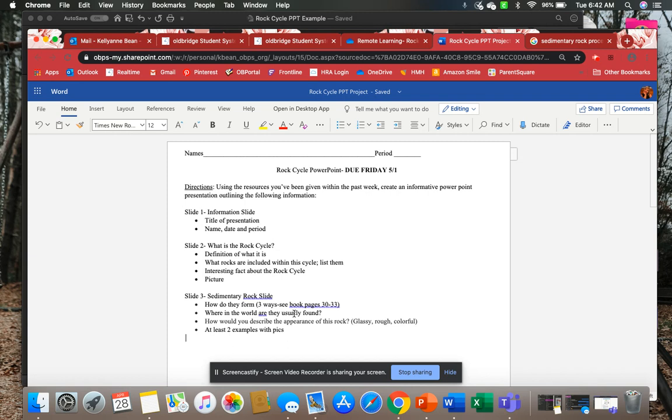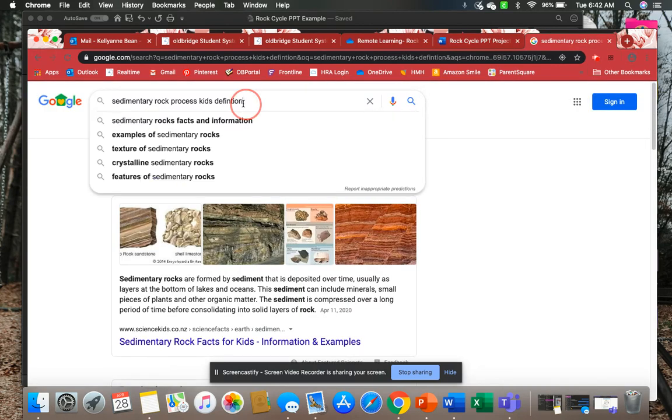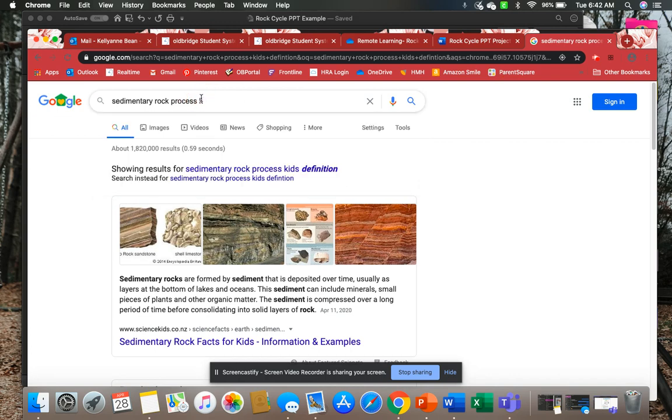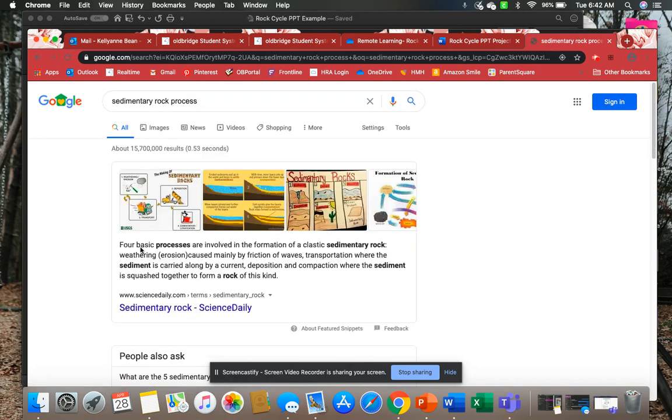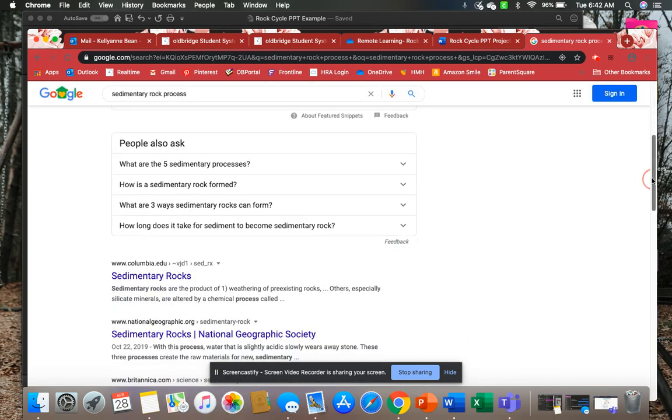Again, if you need any help, any additional support or resources, message me through Teams and ask me first before you go online. If you look up sedimentary rock process, it is going to give you basic information. But again, what did Miss Bean tell you to do? You have to make sure that you are actually reading it.